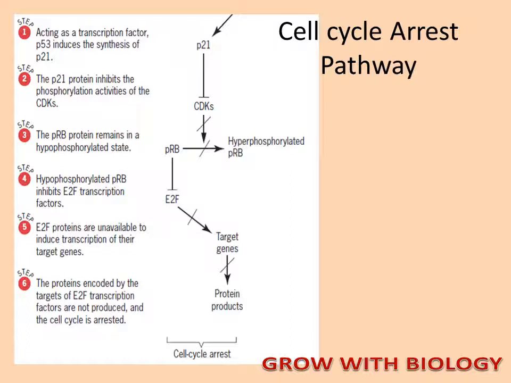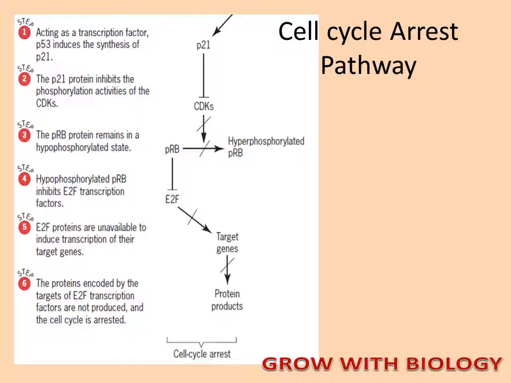So as P21 is increased, it will inhibit phosphorylation of CDK. As CDK is non-phosphorylated, it won't allow the RB proteins to be hyperphosphorylated. So RB proteins will be present in a hypophosphorylated state.